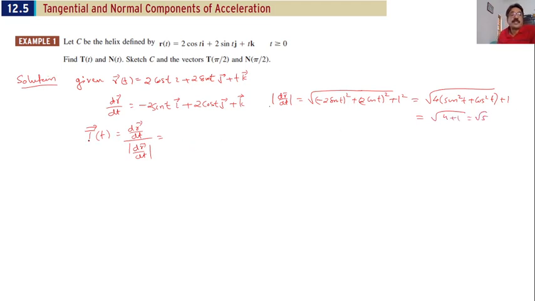And therefore the unit tangent vector T(t) is minus 2 sin t i plus 2 cos t j plus k divided by root 5. You can write this as minus 2 by root 5 sin t i plus 2 by root 5 cos t j plus 1 by root 5 k.